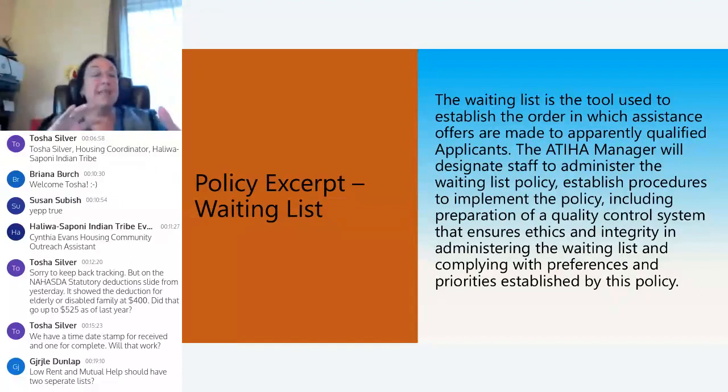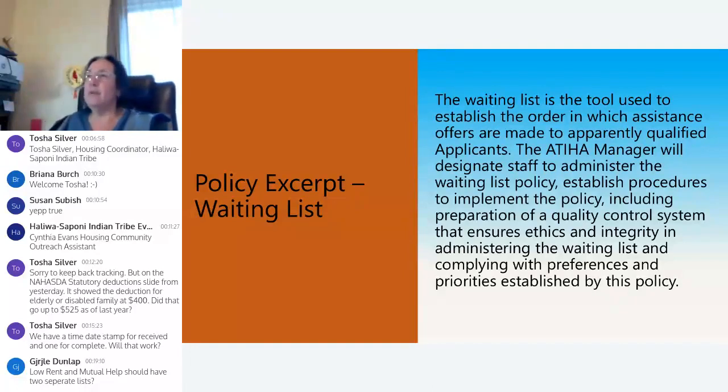So, a policy excerpt from a waiting list. The waiting list is the tool used to establish the order in which assistance offers are made to apparently qualified applicants. The ATIHA manager will designate staff to administer the waiting list policy and establish procedures to implement the policy, including preparation of a quality control system that ensures ethics and integrity in administering the waiting list and complying with the preferences and priorities established by this policy.